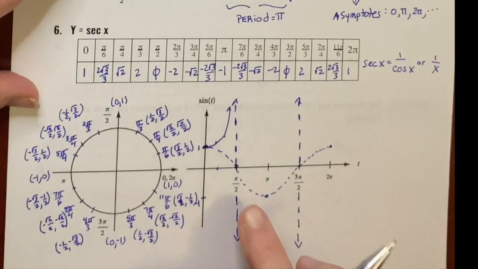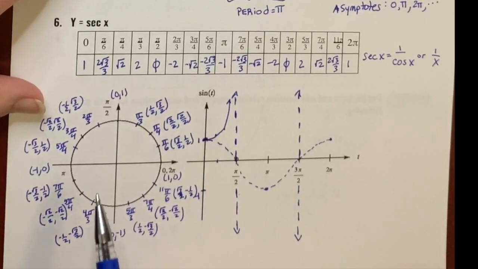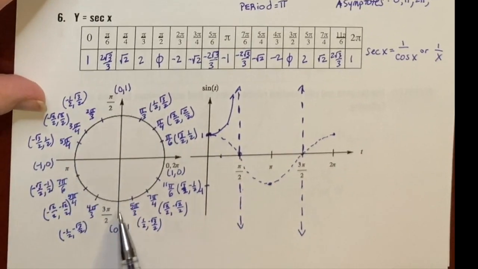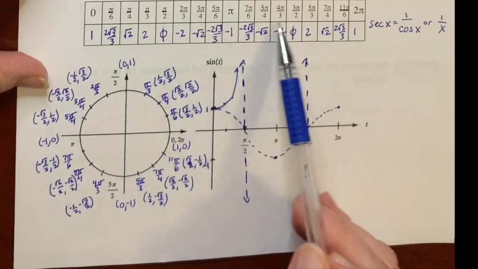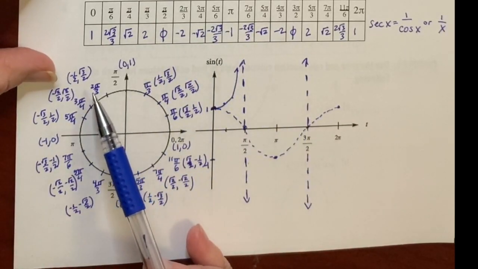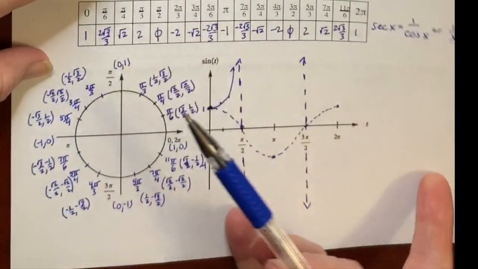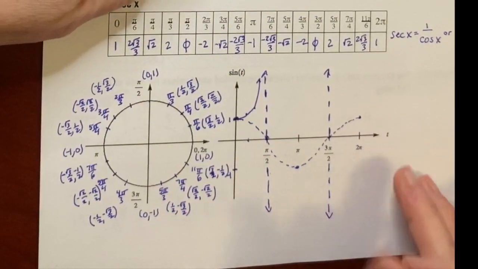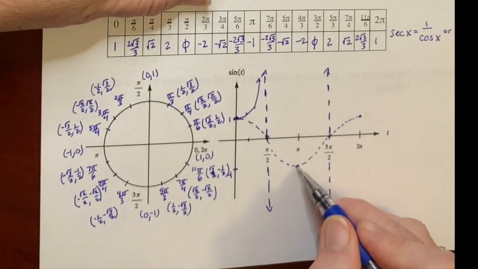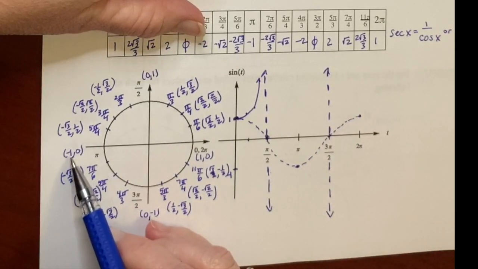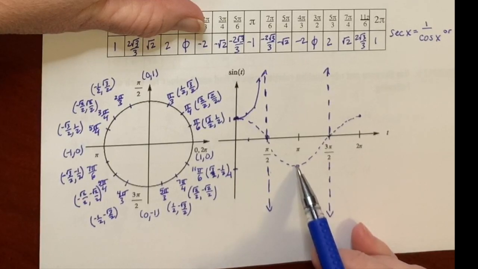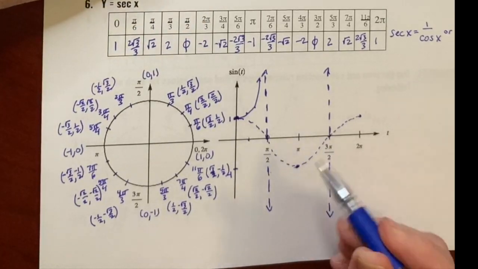Between pi/2 and 3 pi/2, what's going on here? Well, between pi/2 and 3 pi/2 on the circle, or in the table as you're looking, the x coordinates are negative, and therefore the secants will be negative. At pi, the cosine is -1, so the reciprocal of that is -1. So this is not only a point on the cosine graph, it's also a point on the secant graph.